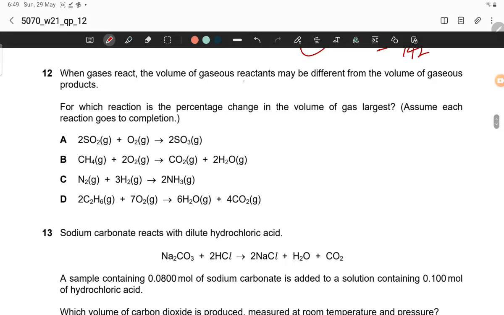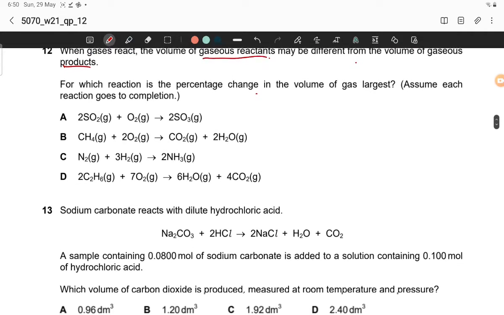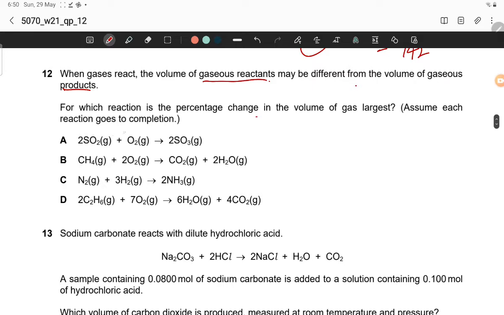Which gas reaction has the volume of gaseous reactant different from the volume of gaseous product? For which reaction is the percentage change in the volume of gas largest? Assume each reaction goes to completion.